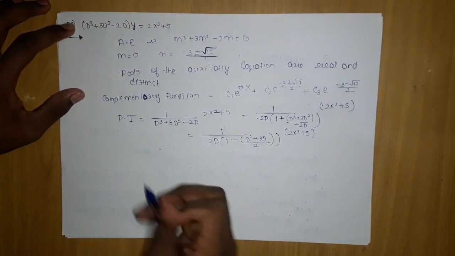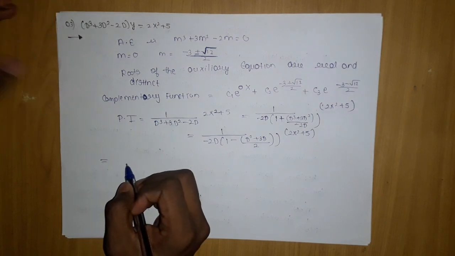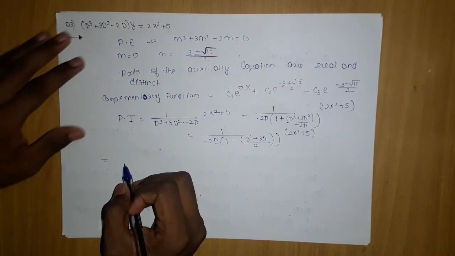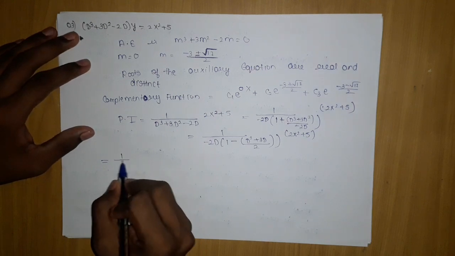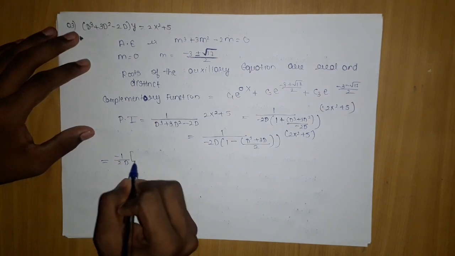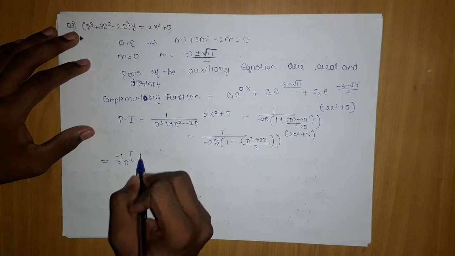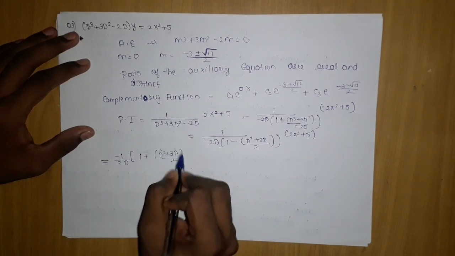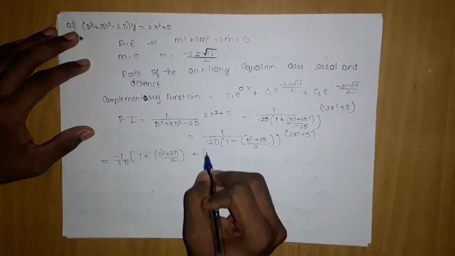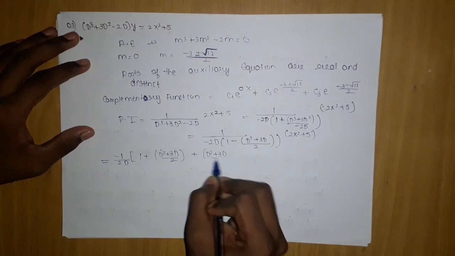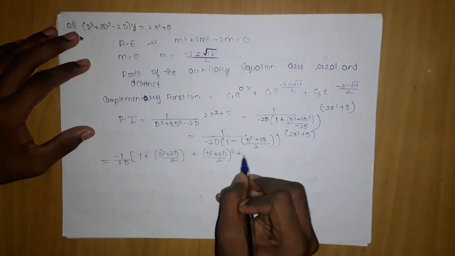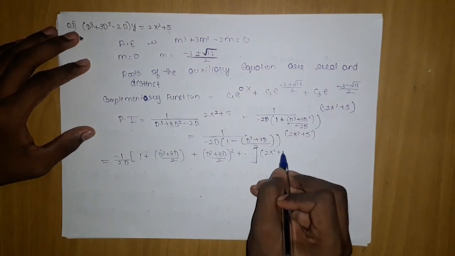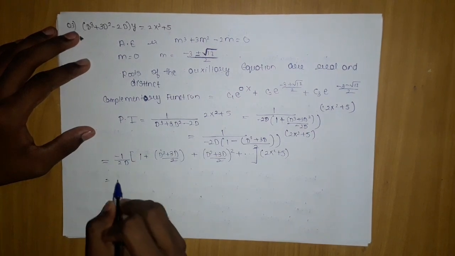After this, what we are going to do is write the expansion of this. Its expansion will be very easy because it is 1 minus x expansion, which is 1 plus D square plus 3D by 2 plus D square plus 3D by 2 the whole square, and so on, bracket close, into 2x square plus 5.